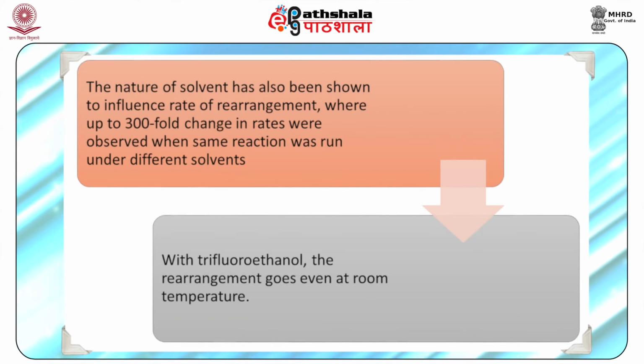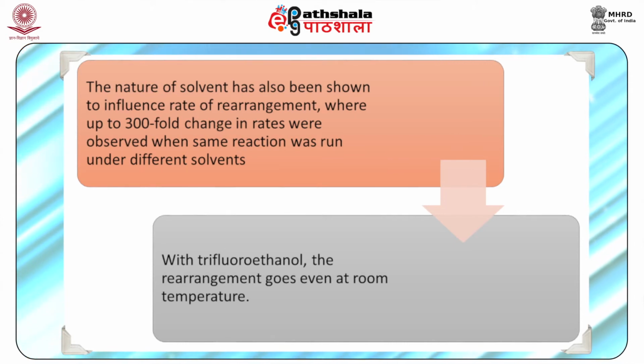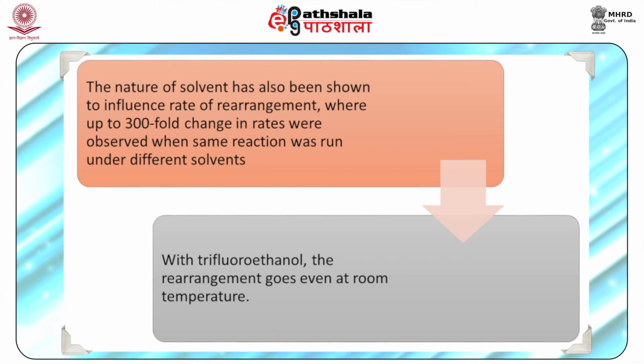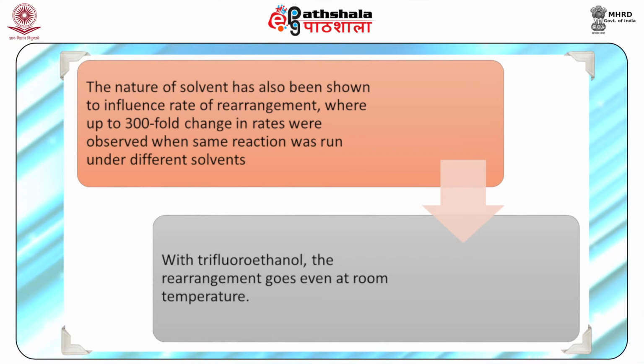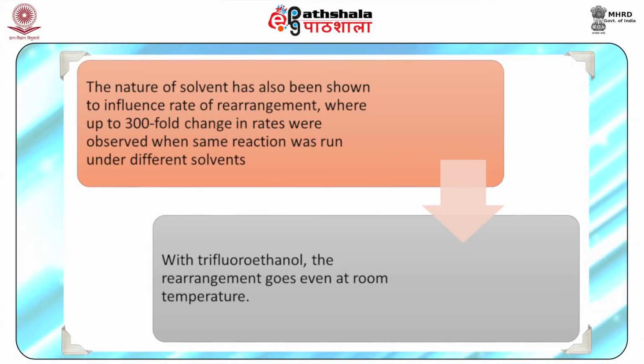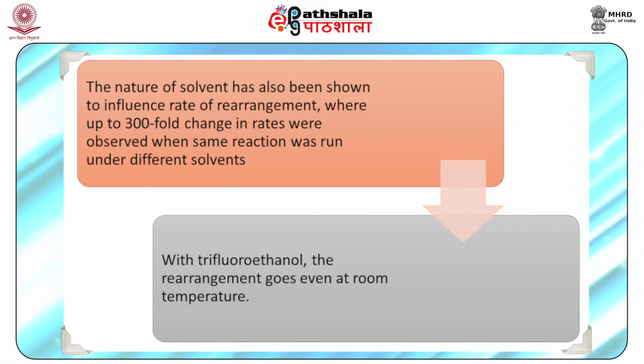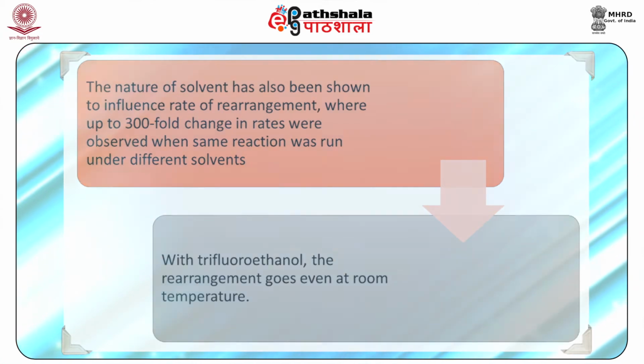The nature of solvent has also been shown to influence rate of rearrangement, where up to 300-fold change in rates was observed when the reaction was run under different solvents. With trifluoroethanol, the rearrangement goes even at room temperature.